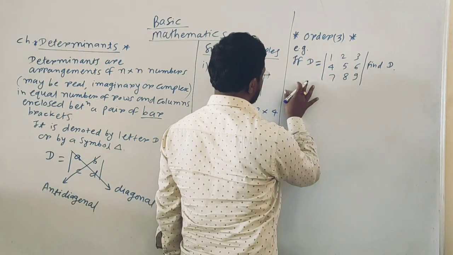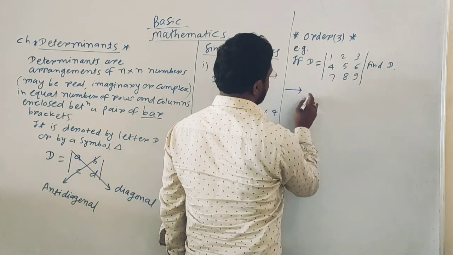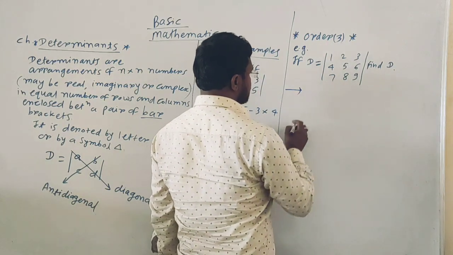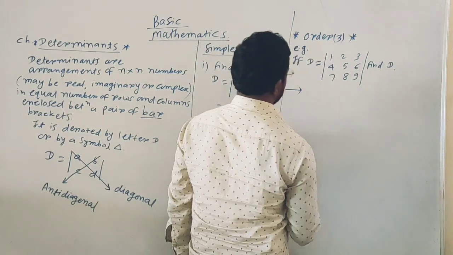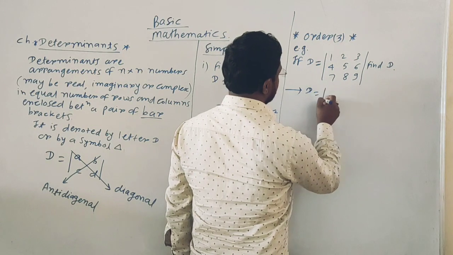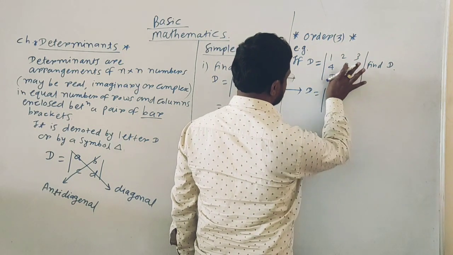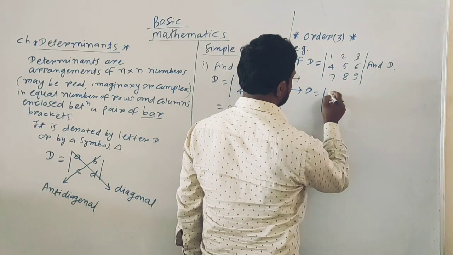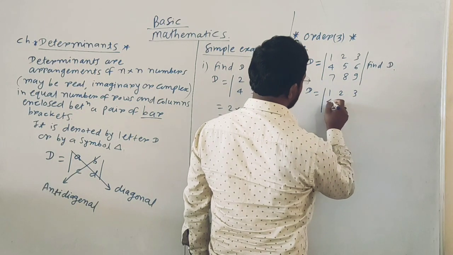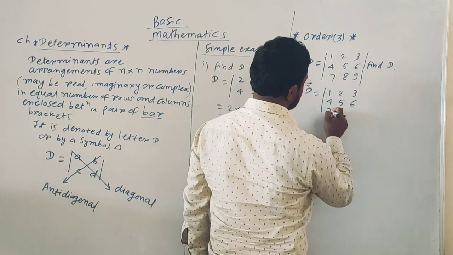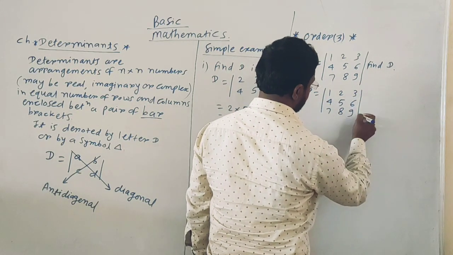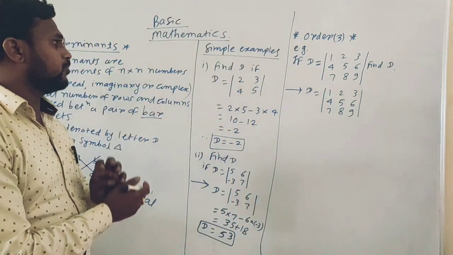Therefore, the given value is D equal to 1 2 3, 4 5 6, 7 8 9. How to calculate?